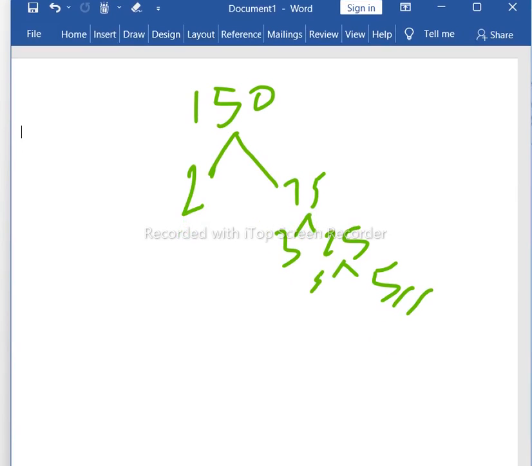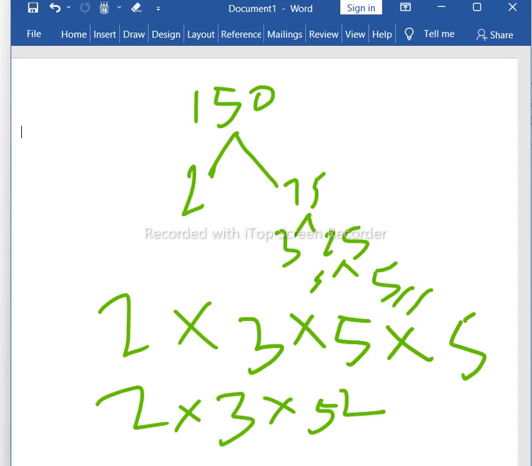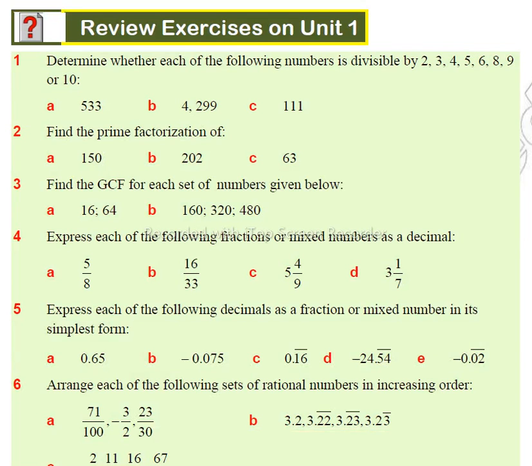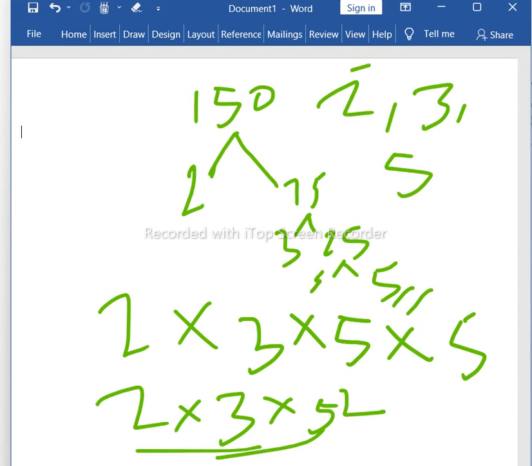We can write this in the form of 2 times 3 times 5 times 5, or in simplest form, 2 times 3 times 5 to the power of 2. So this is the prime factorization of this number.